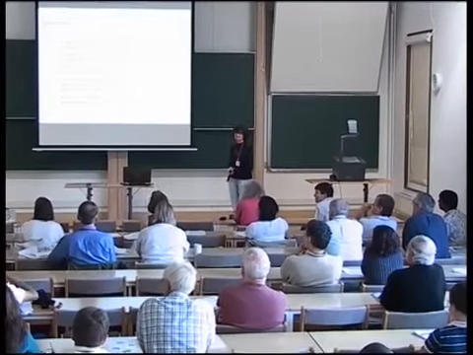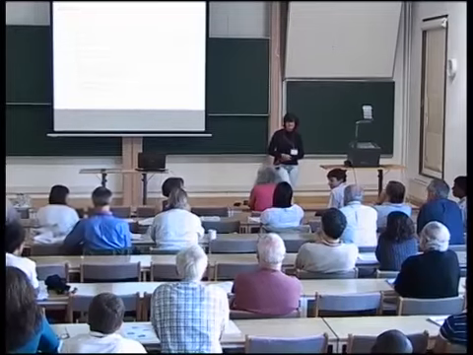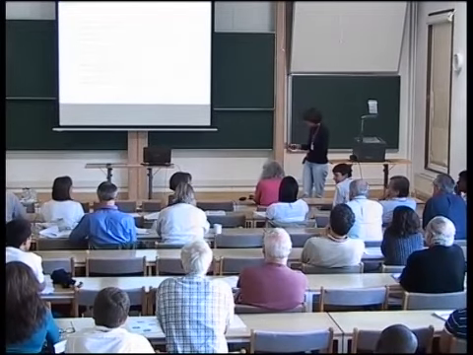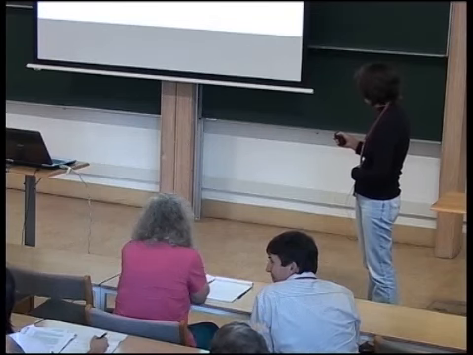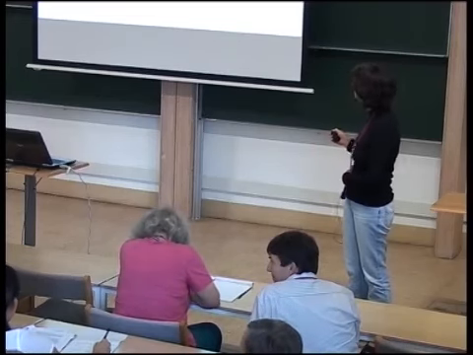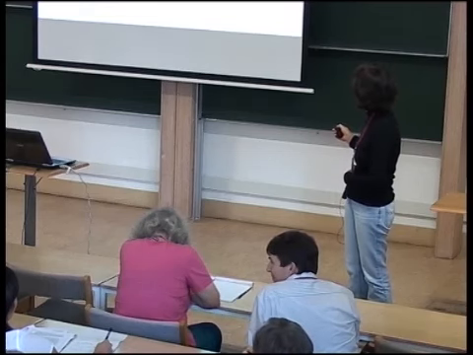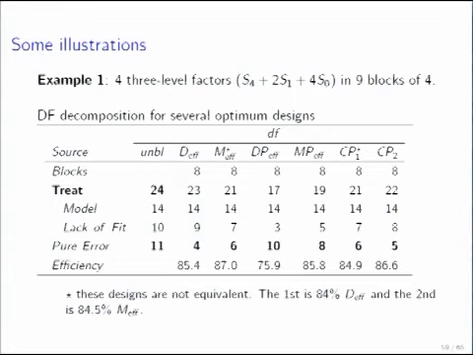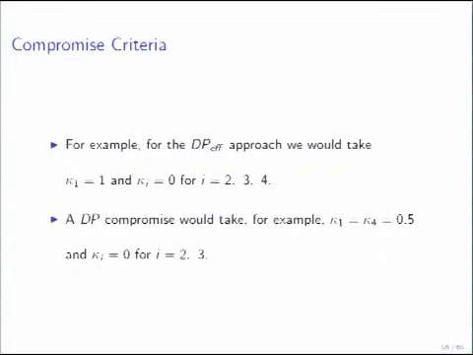Questions or comments? I'm just wondering how you're choosing the weights in your compromise criteria. Well, we can try some weights and look at the designs. For example, this is one suggestion for the D compromise: give half weight to DP and half to DF efficiency.